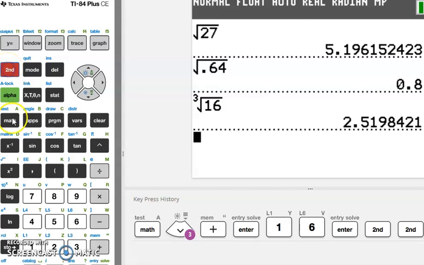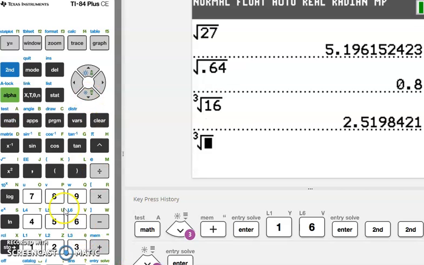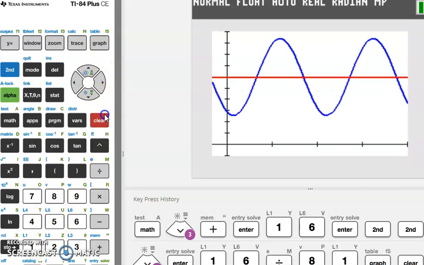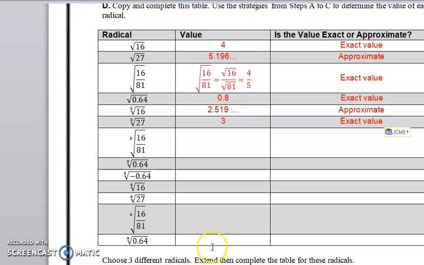So I'm just going to do cube root, and then we do 16 divided by 81. Oh, sorry about that. I hit enter, and I get 0.582, which is an approximate.